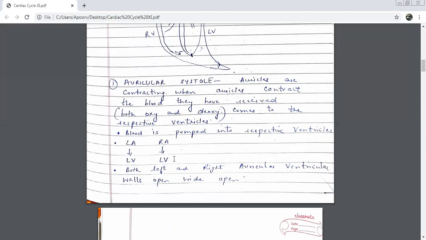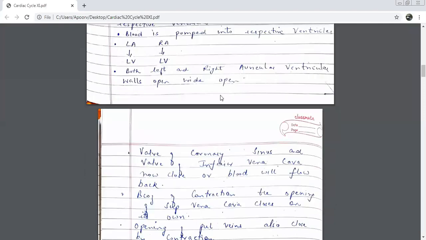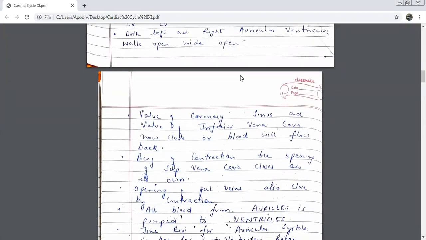From the right auricle, it has gone to the right ventricle. Both the left and right auriculoventricular valves open wide. Because the blood has to pass from the auricles to the ventricles, they open wide, so that all the blood in the auricles should move on to the ventricles.